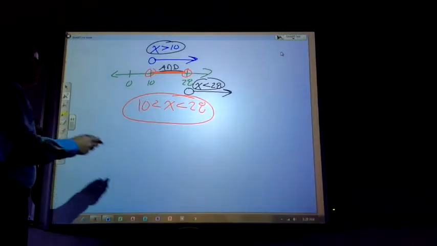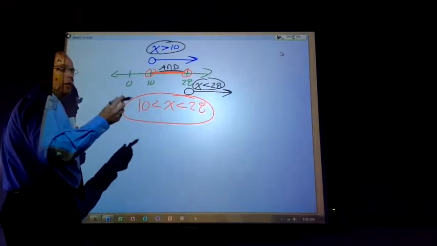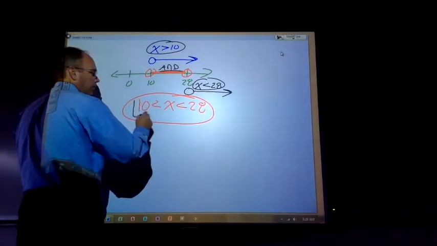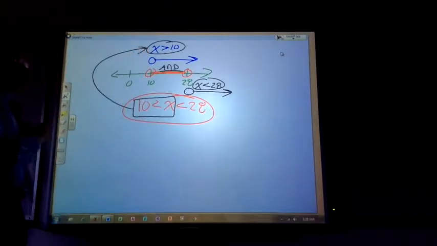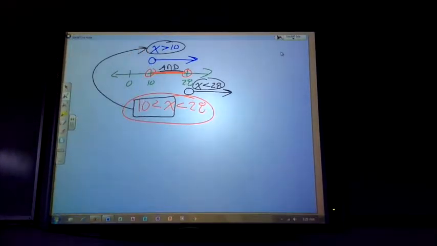Okay? So let's see if you figure this out. How can I make this and this look the same? Go with a real obvious answer.